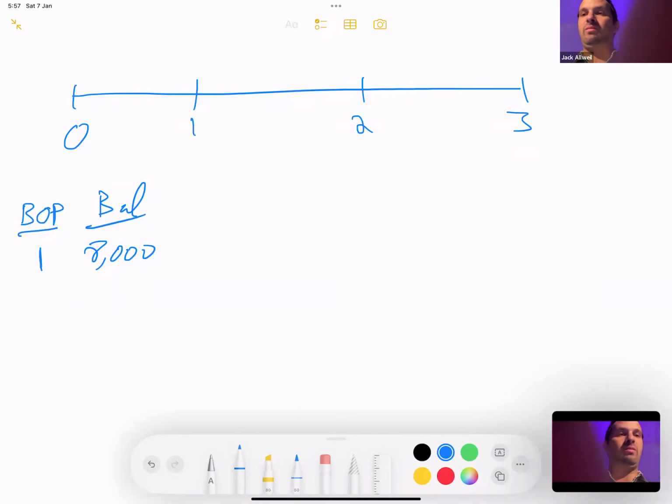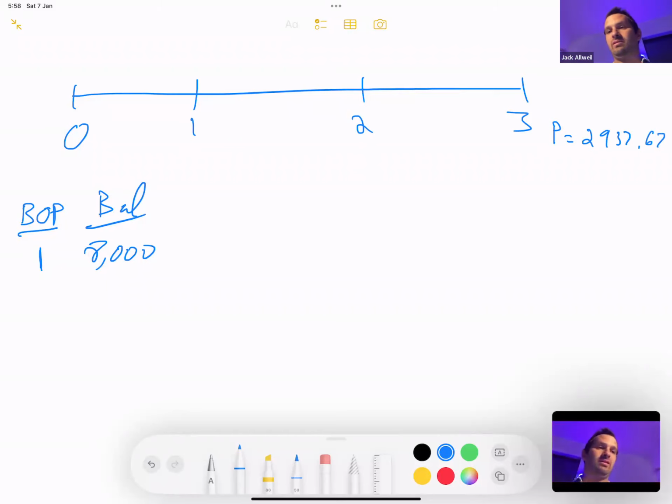And remember, our payment on the last page was 2,937.67. So the interest starts at 8,000, and when we go forward, basically that's when the interest is accruing.